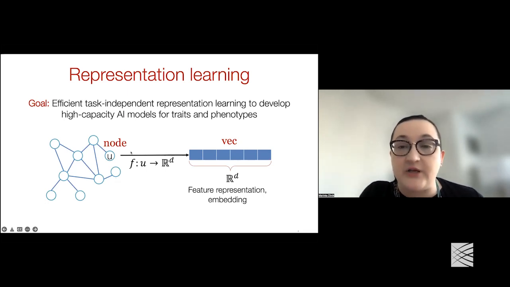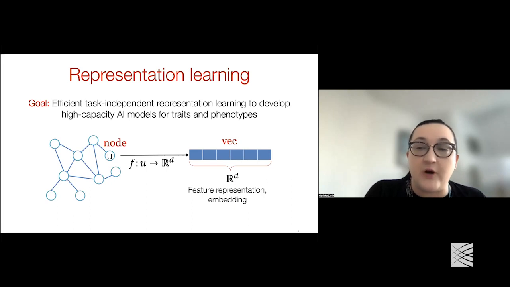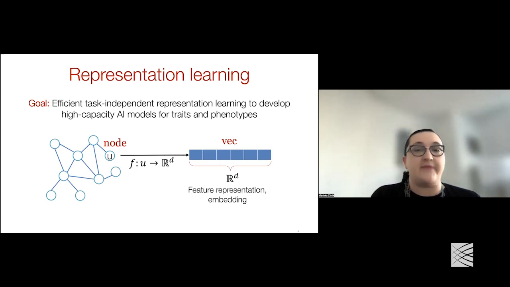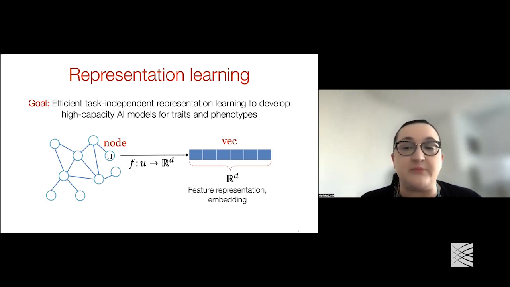A representation learning algorithm is a function f that will take each and every node from that network, for example u, and map it into some d-dimensional embedding space and represent that node u with a vector of features. That is particularly important because once we have these vector embeddings, we can use the power of statistical methods, decades of machine learning techniques and predictors that operate on those vectors to build different kinds of predictors in downstream tasks.